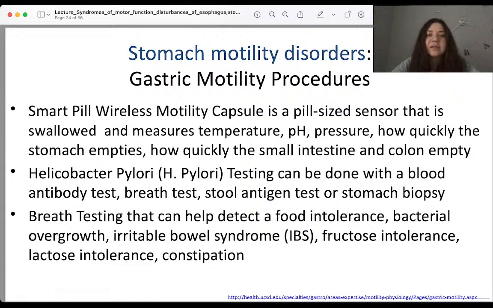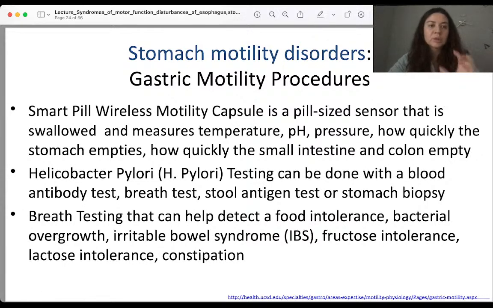Gastric motility procedures that help us for diagnosing different stomach motility disorders. One of the most informative is the SmartPill wireless motility capsule. It is a modern way of endoscopy, but not with a catheter like in upper endoscopy.